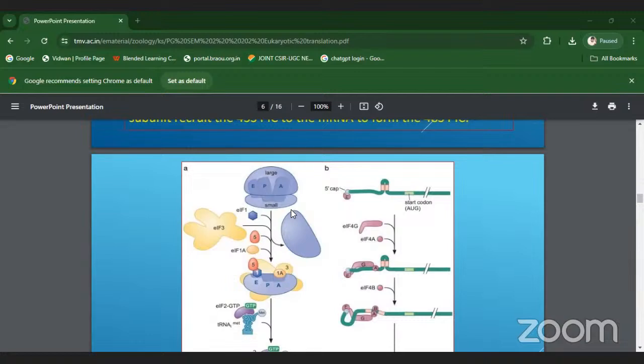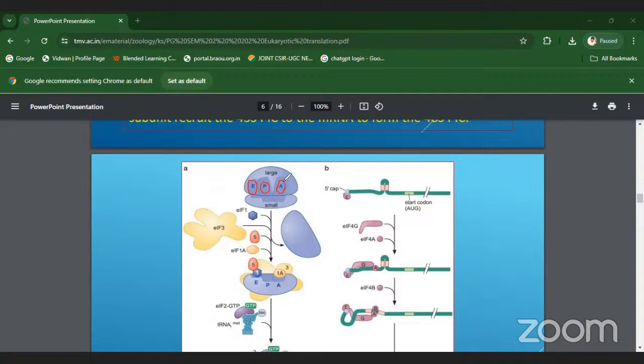In this ribosome, another important thing after formation of the 80S ribosome is that there are three important regions present in this ribosome: E site, P site, A site.